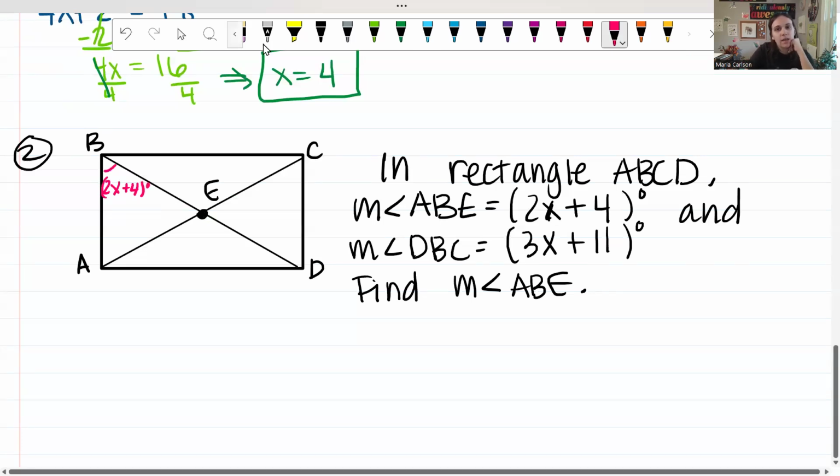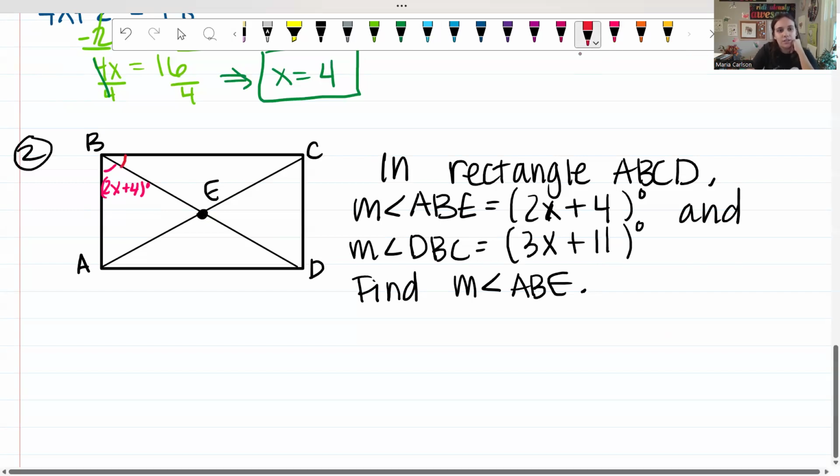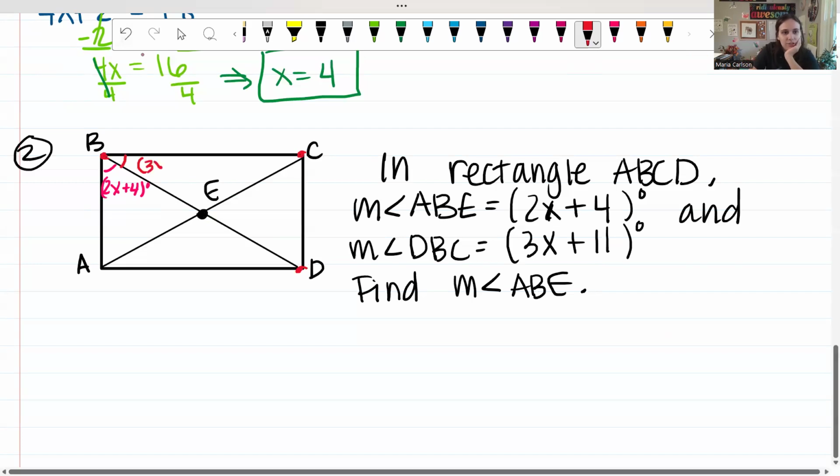And then we know the other angle, DBC, is 3x plus 11 degrees.